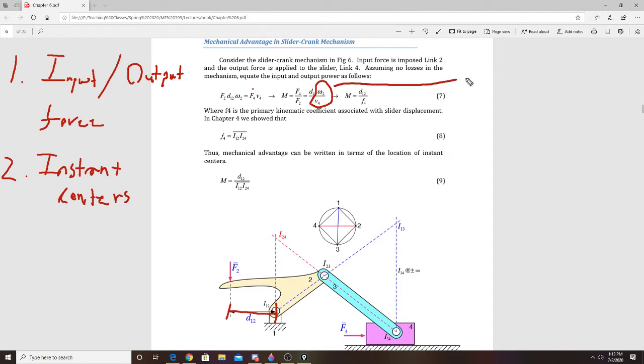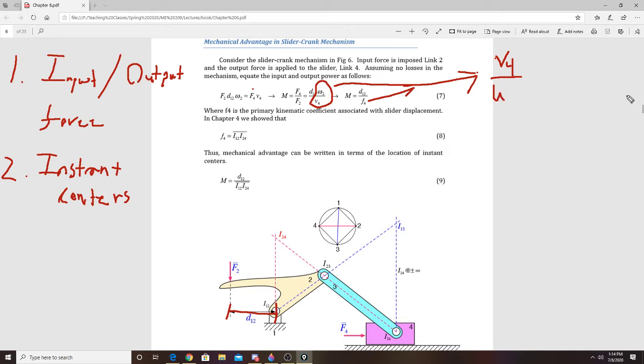So right here, if you recall from our kinematic coefficients chapter, the kinematic coefficient of a slider or something moving away is F4, right? I hope everybody remembers that. And F4 is basically V4, the velocity of that link with respect to the input link.